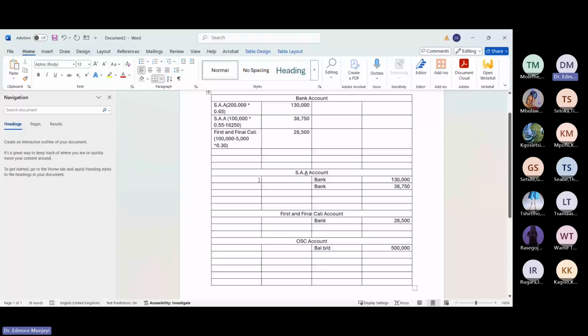So it's going to be bank, brackets refund. 75,000 shares times 0.65 equals 48,750.